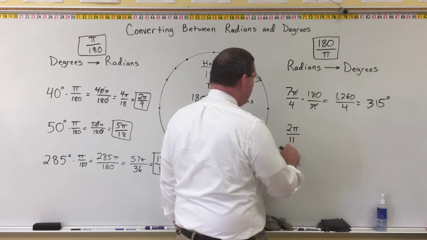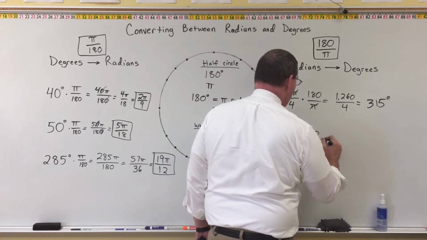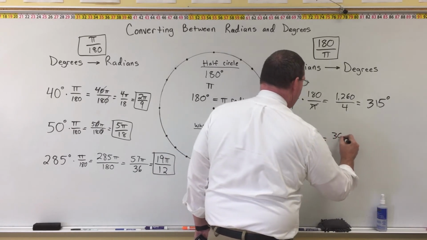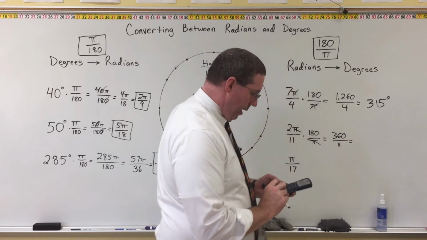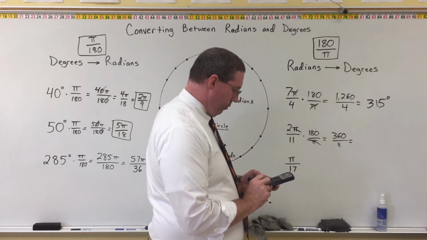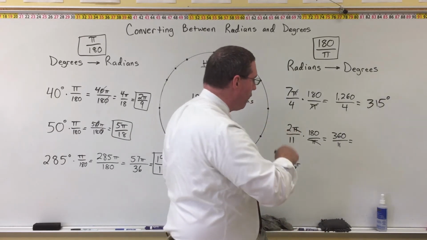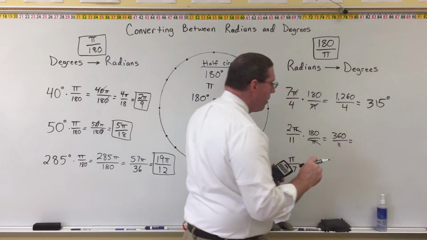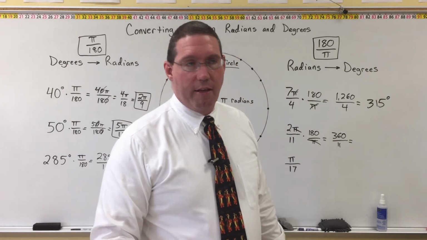Okay? Let's try 2 pi over 11. We're going to multiply by 180 over pi, so the pi's are going to cancel. 2 times 180 is 360 over 11. Now this one I'm going to do in the calculator, 360 divided by 11, and it's going to give me a decimal answer. If you want to write it as 360 over 11 degrees, that's fine. But for degrees, it is far more appropriate to use decimals.